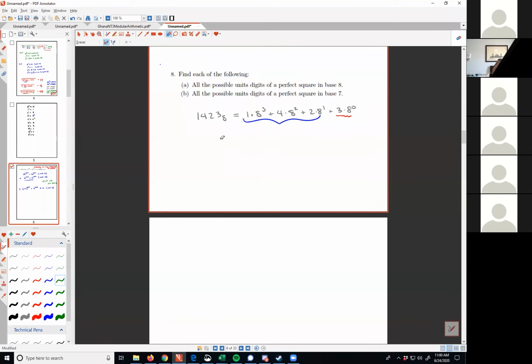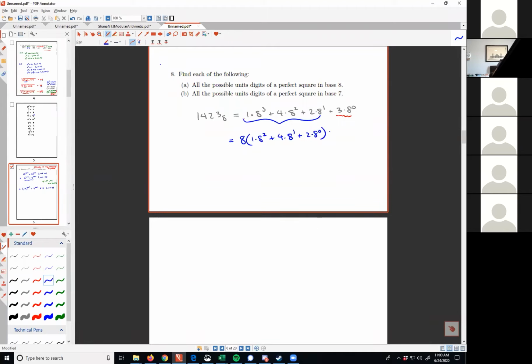All the unit digits are remainders. They're remainders. Very good. Yeah. This number right here is 8 times 1 times 8 squared plus 4 times 8 to the 1st plus 2 times 8 to the 0.